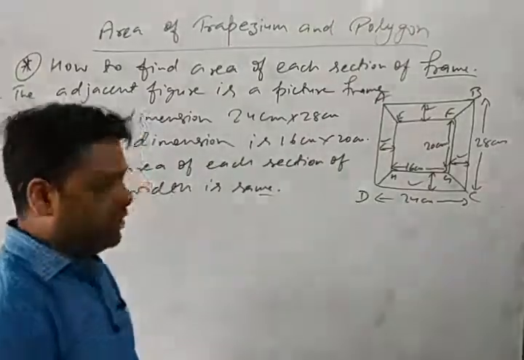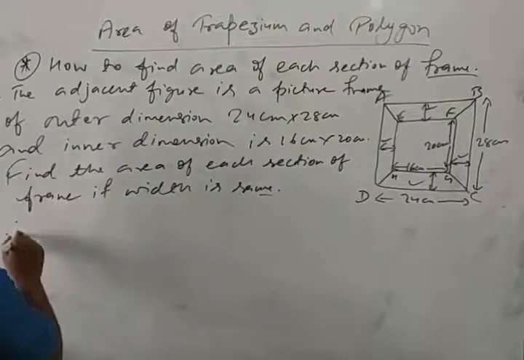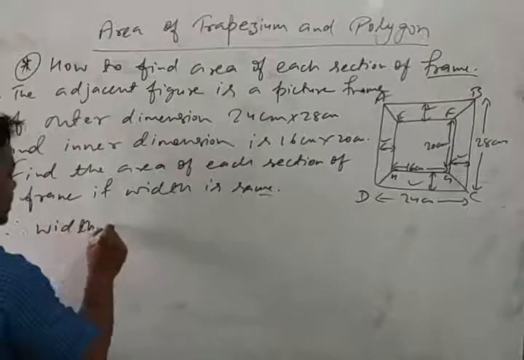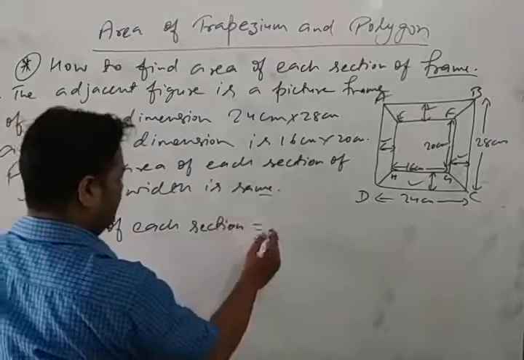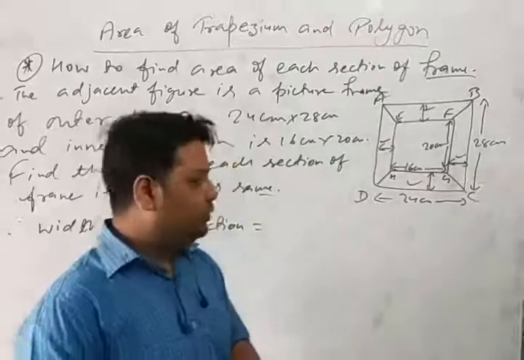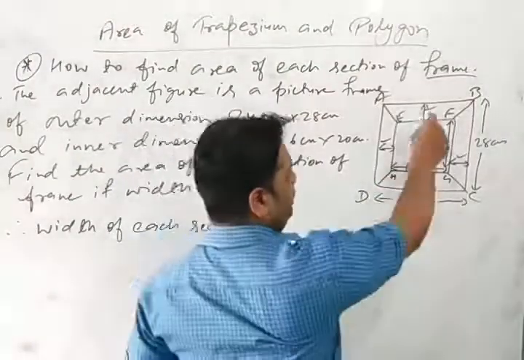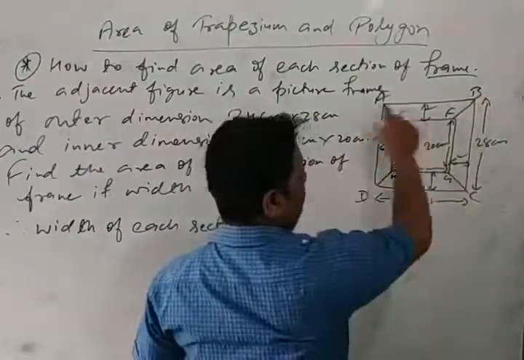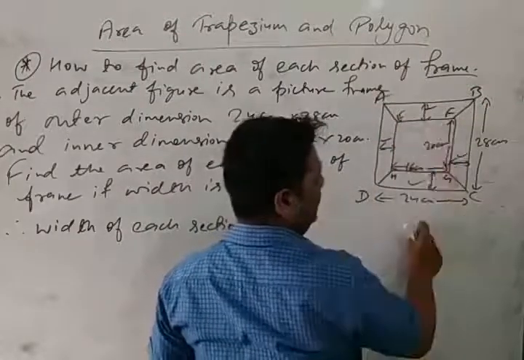Let's see if you are finding the width of each section. Since the width of each section is the same, you can find it by any method. Now, if you are taking A, B, F, E, then from A to B it is 24 and from E to F it is 16.